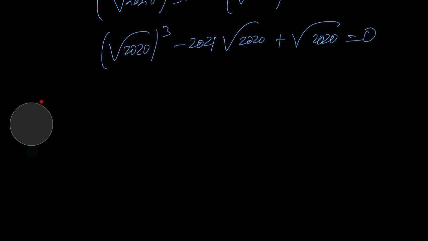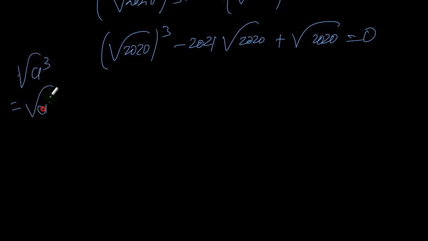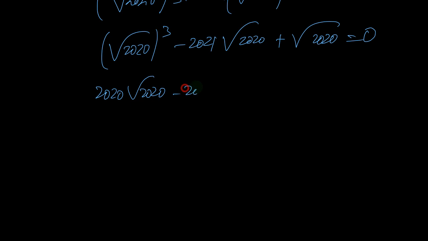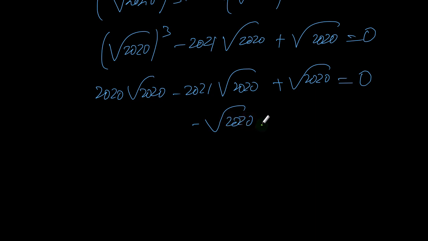We can say that this is going to be square root of a squared times a, which is square root of a squared times square root of a. So this is a square root of a. Okay, so from here now we're going to have that this is going to be 20 square root of 20 minus 21 square root of 20, and then plus square root of 20 equals 0. So from here, this one minus this, we're going to have minus square root of 20 plus square root of 20 equals 0. So this one's 0, so 0 equals 0.